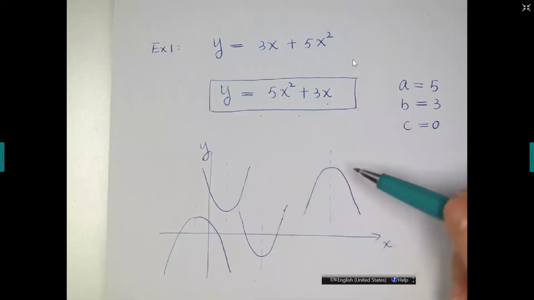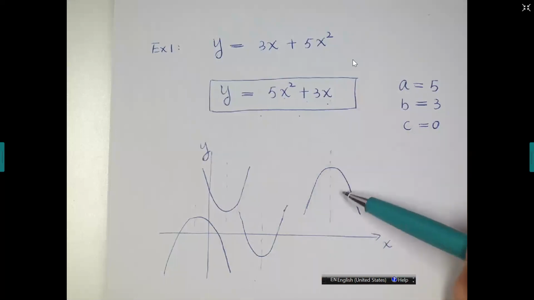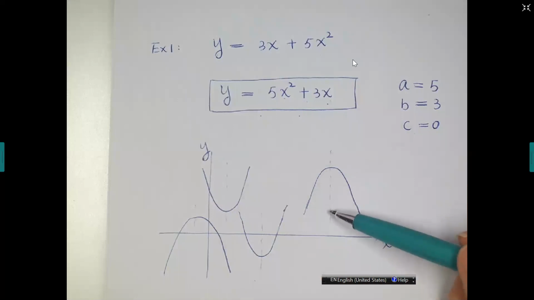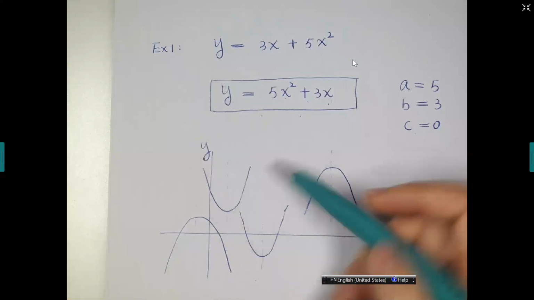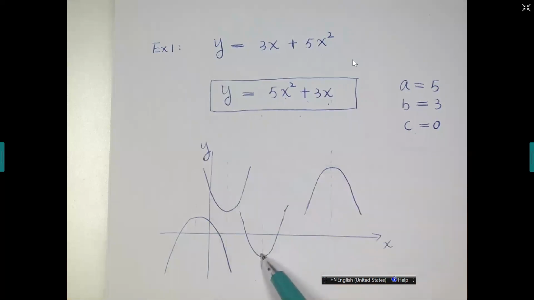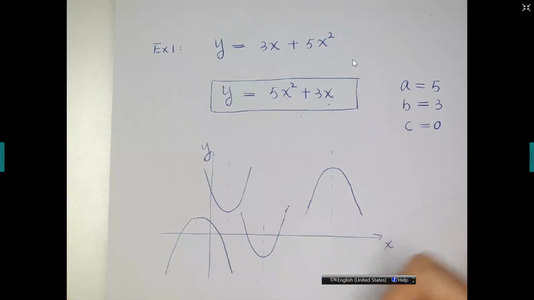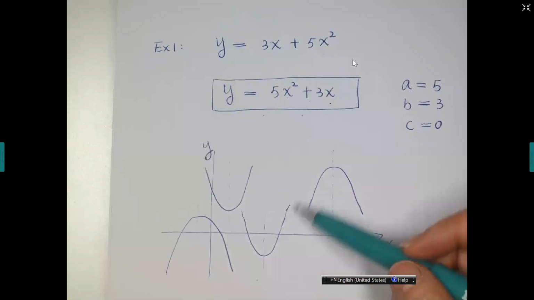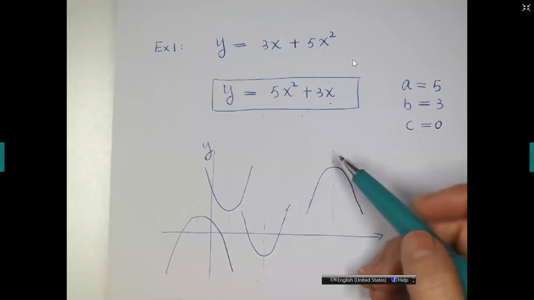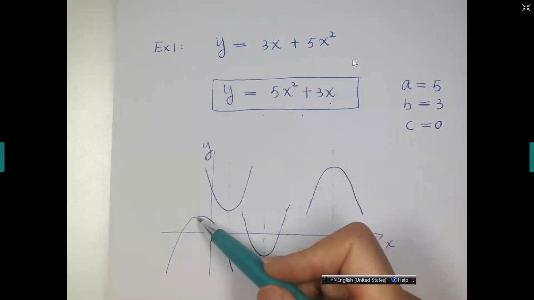And every single curve will have either a highest point or a lowest point. When it opens upward, we'll have a lowest point. The curve can be extended to infinity, so they can go infinitely low or infinitely high. And if they open downward, then they will have a highest point.